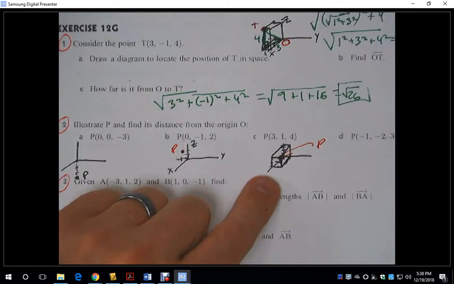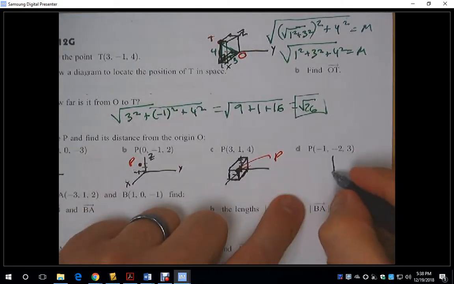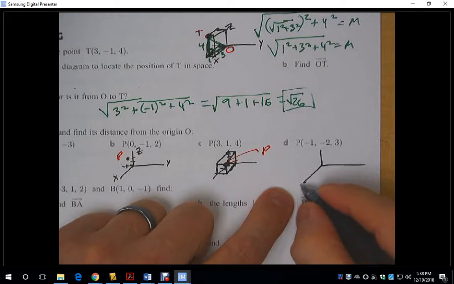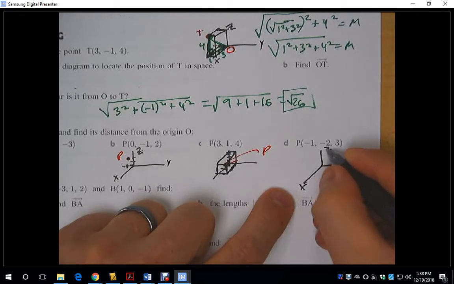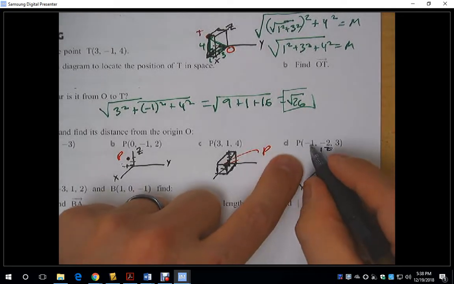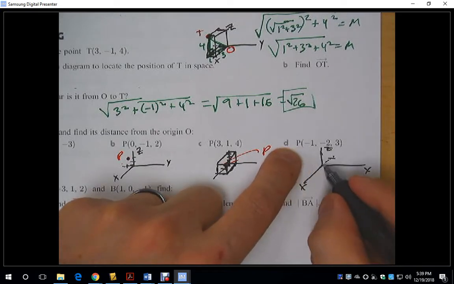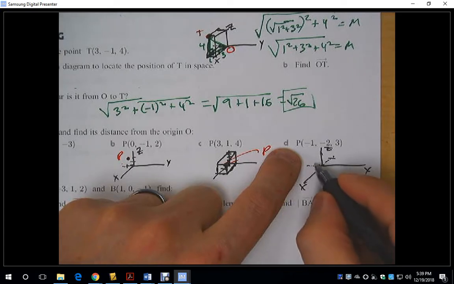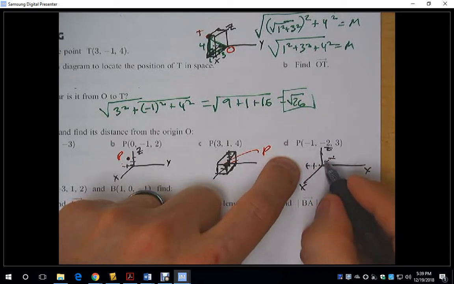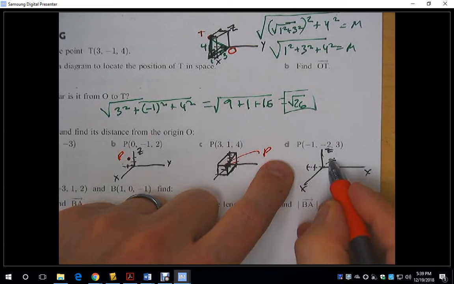All right, one more. So here's our x, our y, our z axes. 1 unit behind the wall in this direction, -1. We're 2 units behind the wall in this direction, 1, 2. It's already looking like it's going to be difficult.